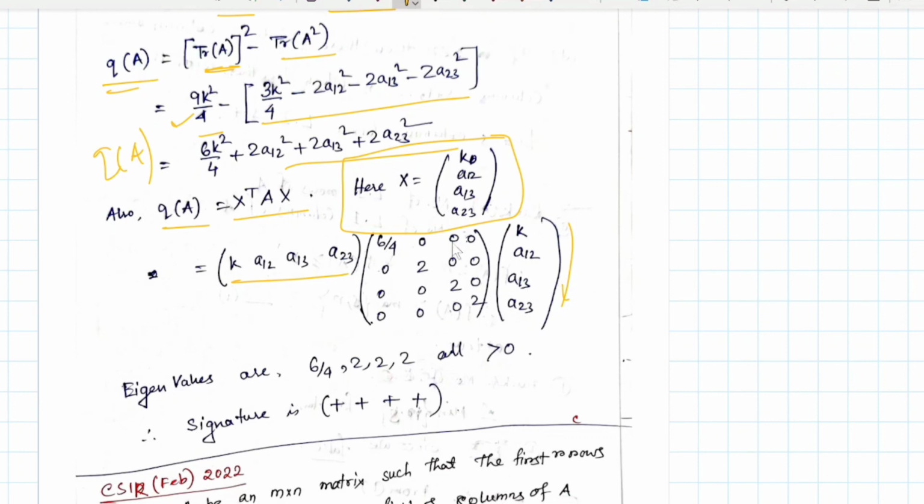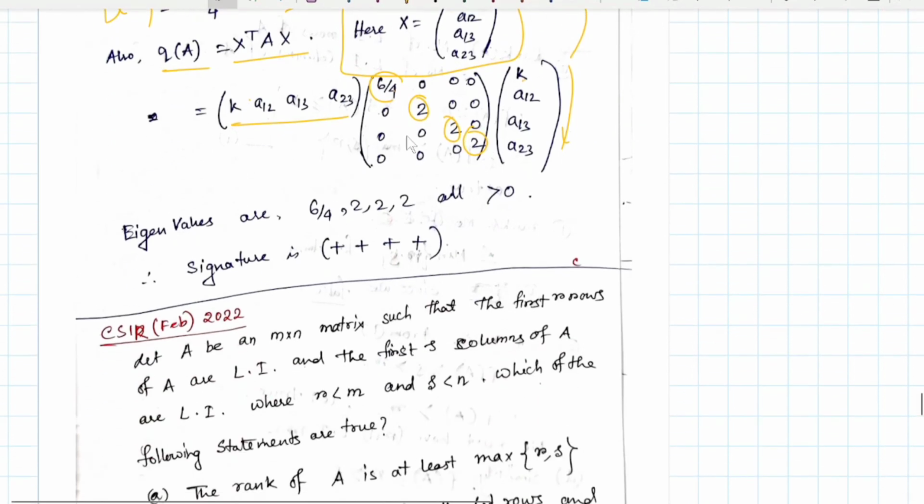So k square means 6 by 4 into k, that means k square. If we multiply these three matrices, then we get this term. This is the form to write the quadratic form, and these are the coefficients, which we write here.